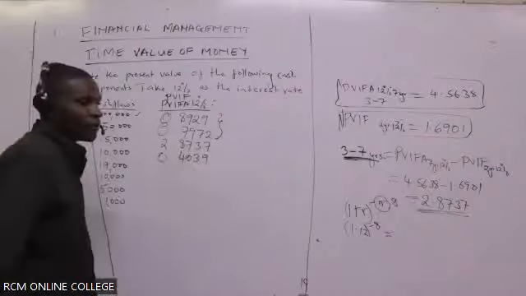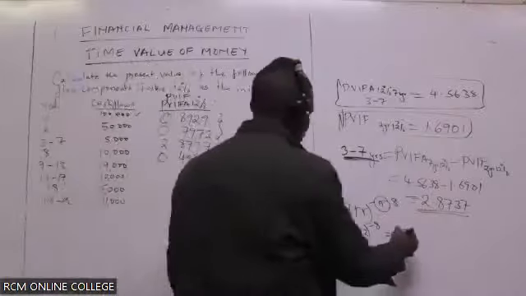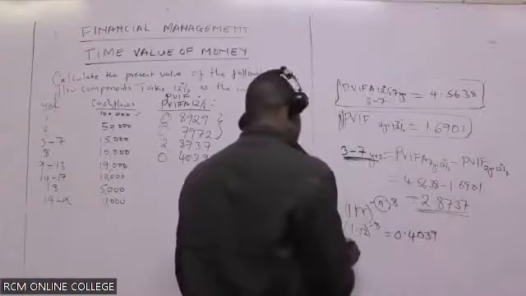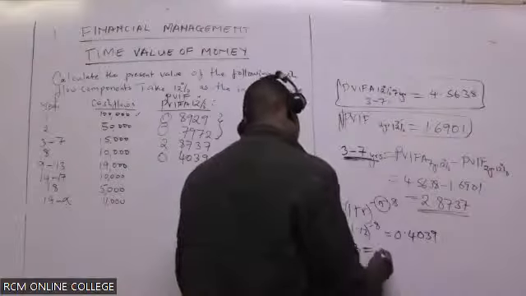0.4039. Now we go to year 9 to 13. This is regular.